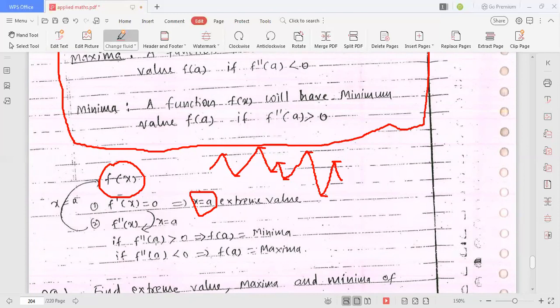If it is greater than 0, then f of a is the minimum value. Now note that our maximum as well as minimum values are found by substituting this a in the function f of x, and that is our final answer. The final step must be substituting these values in f of x.